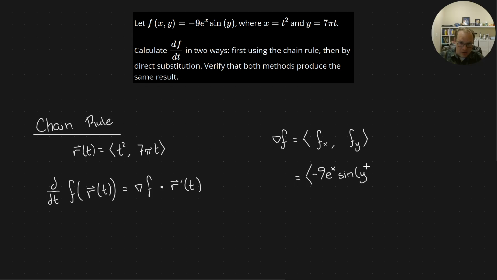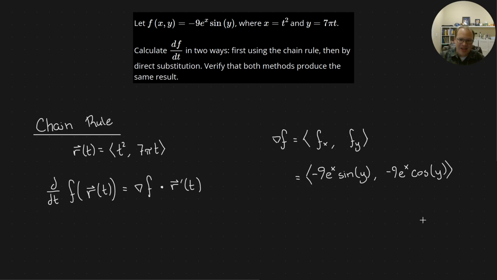The negative 9, the sine y, we treat as a constant, and then the derivative of e to the x is e to the x. Okay. Now the partial derivative of the function with respect to y, negative 9 e to the x we're treating as a constant, so it'll come along for the ride. We just take the derivative of sine of y with respect to variable y. Derivative of sine of y is cosine of y.